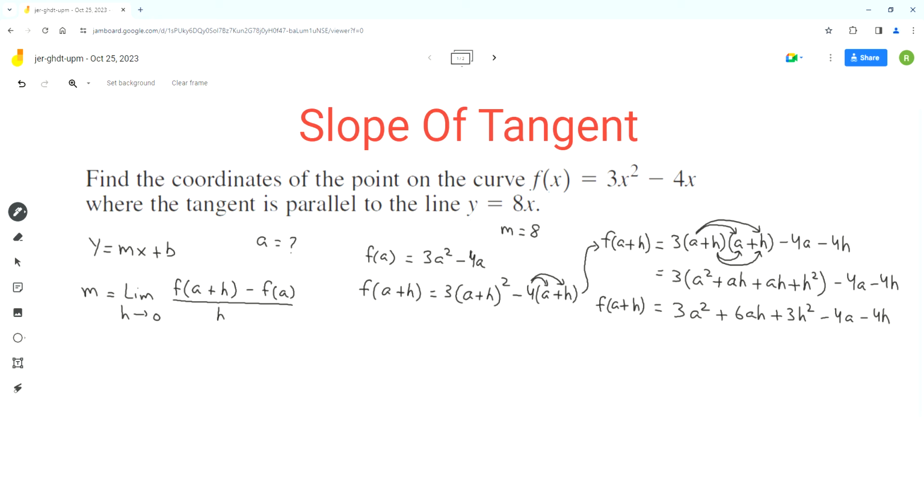Now we can sub in these values in this limit formula. We figured out that the slope of the tangent should be 8.